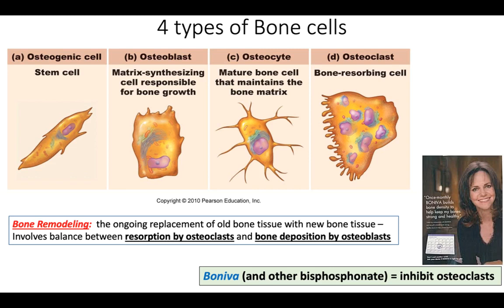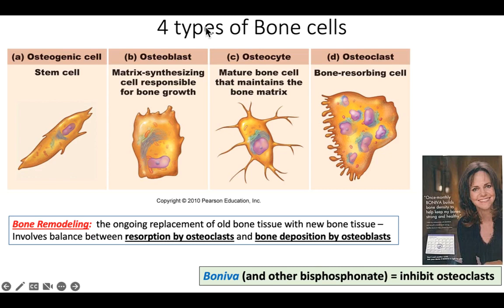An osteoblast is synthesizing the bone matrix. So this is a matrix-synthesizing cell responsible for bone growth. These cells form the bone matrix. A lot of times I tell students, think of blasts as builders. So these are the bone builders. They're going to be forming that nice calcium phosphate extracellular material.